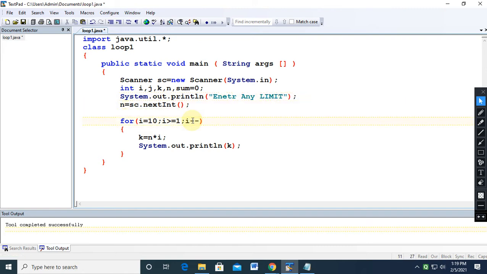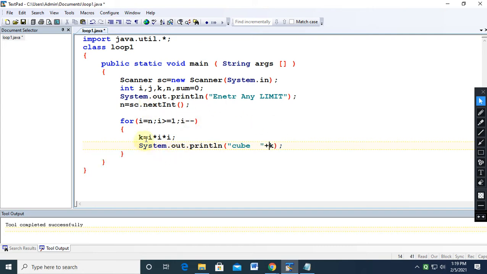Okay, just a minute. Now in this program, a very small correction is required, like this. So you are printing the cube. Look here, everyone, on my screen.